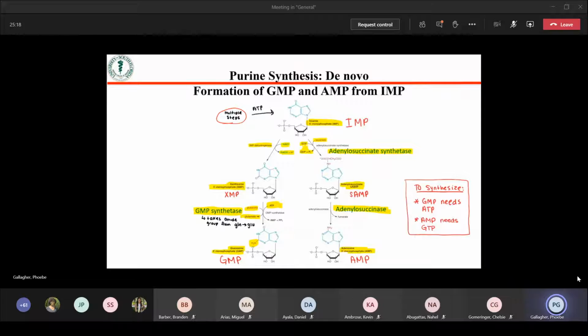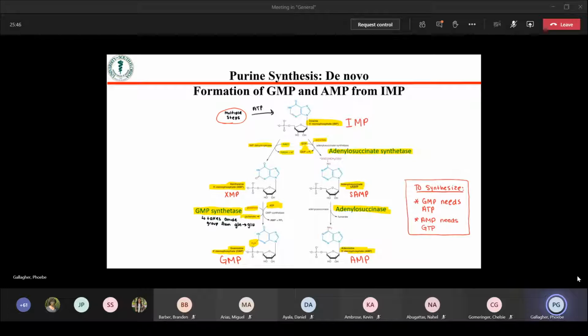My best advice is to have a general idea as to which ones use ATP, but first go through and memorize the main enzymes that she wants you to know. Then if you have more time when you're studying, go back and memorize the details. However, for this particular slide that I'm on right now, you do have to know which one uses GTP and which one uses ATP. Yeah, no problem.